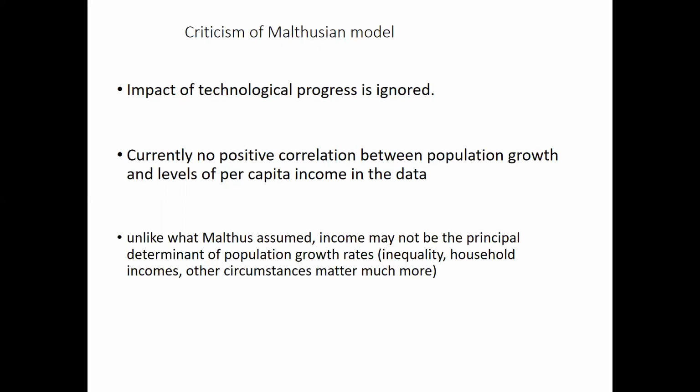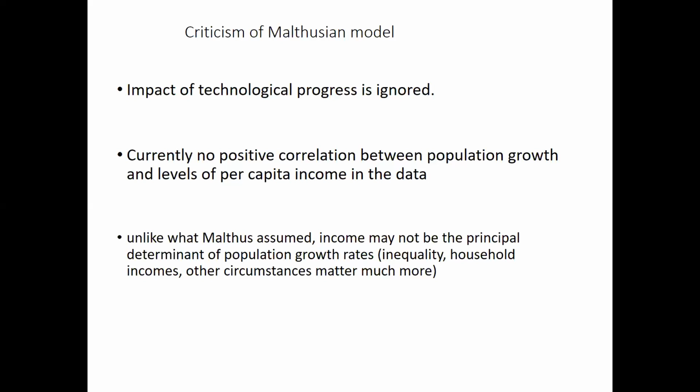And so if you have an increase in productivity, this Malthusian idea that the population is going to grow faster than the capacity of producing food will not be really what happens. And India is a great example of that. And so that's the main criticism of this model.